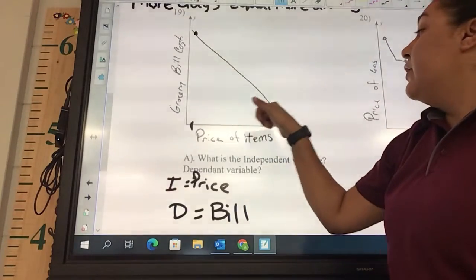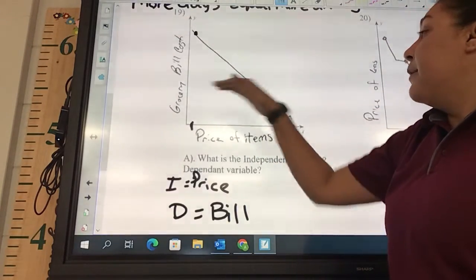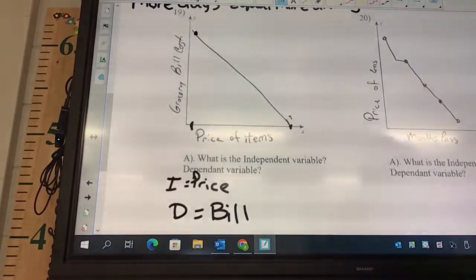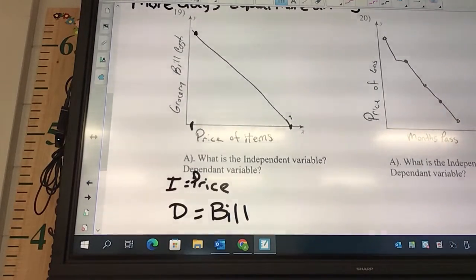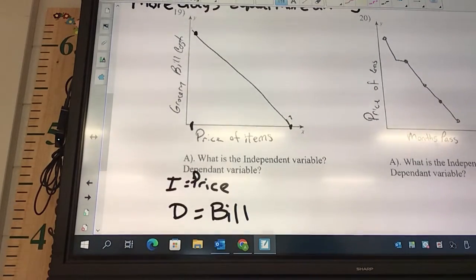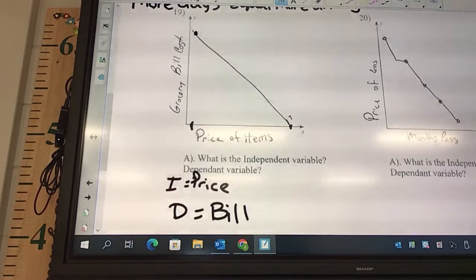As I continue, if my price of items goes up, my grocery bill is going to go down. Does that make sense, though? No. I drew that one on purpose because not all of them are going to make sense. You would think that the higher the price of items, what would happen to your grocery bill? It would go up. So this one doesn't actually even make sense, but that's okay.